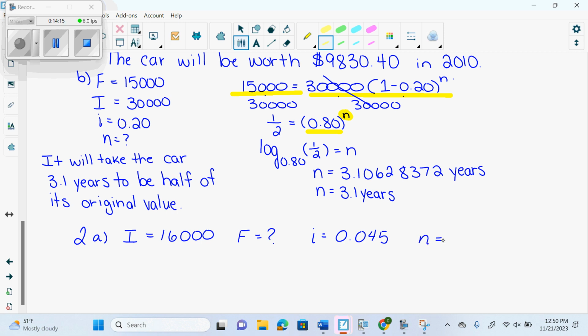How many years is that? 3. So, we do final, which is F equals 160,000, bracket 1 plus 0.045 to the 3.